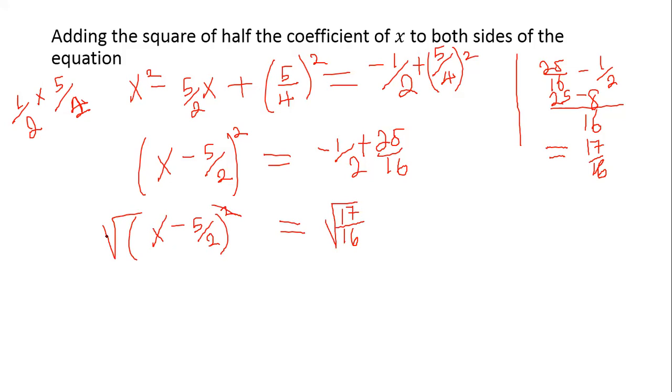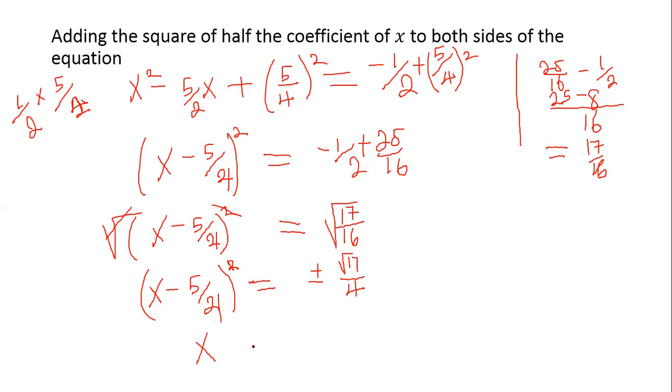So this will die with that. So I remain with x minus 5 over 2, no, this one as well should be a 4, minus half the coefficient squared, no, the square went, is equal to plus or minus root of 17 divided by 4.